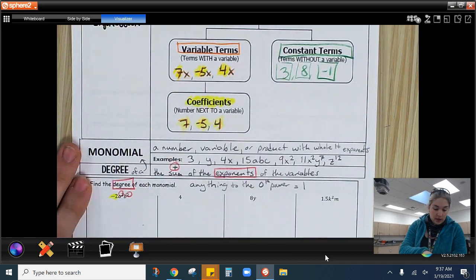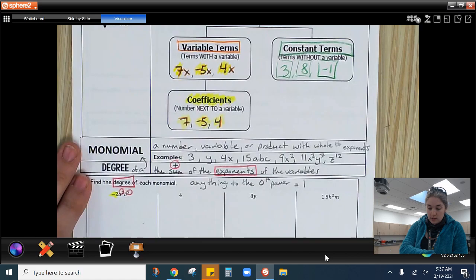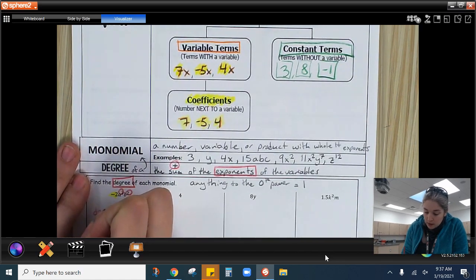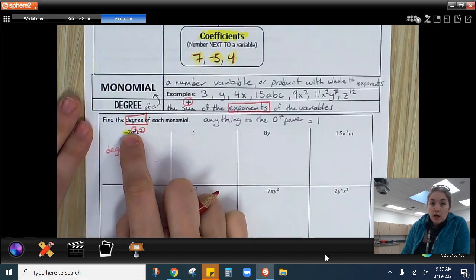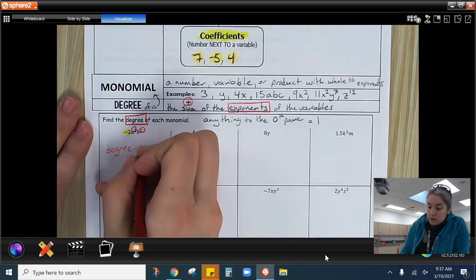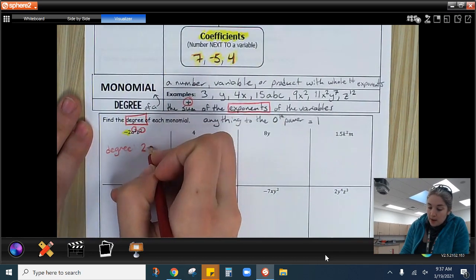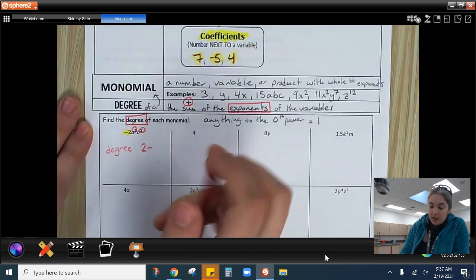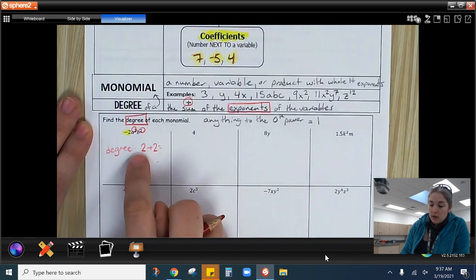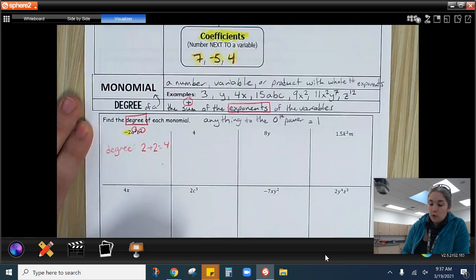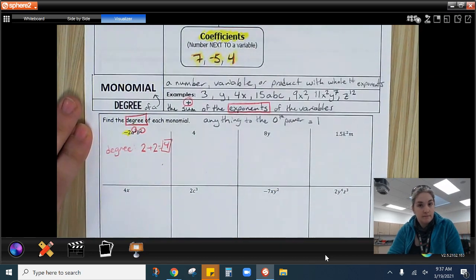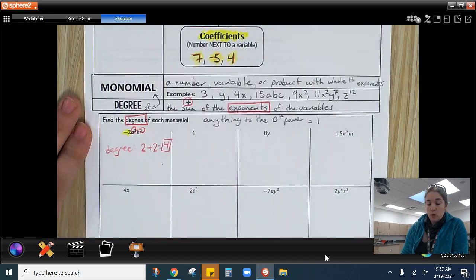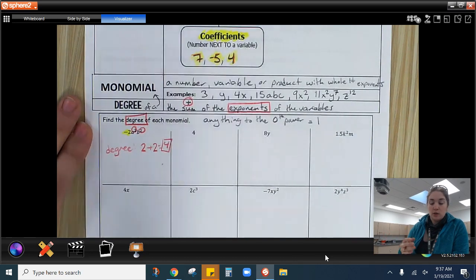If we want the degree, we're going to look at our exponents. For a here, we've got a squared, so it's got a 2, and it says I need to do the sum, and we've got a b. b has a 2 for an exponent. Well, 2 plus 2 is 4, so the degree of this monomial is 4. Pretty easy, right? Looking great so far.